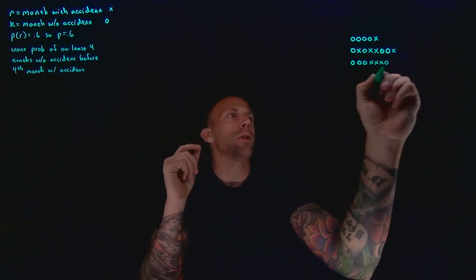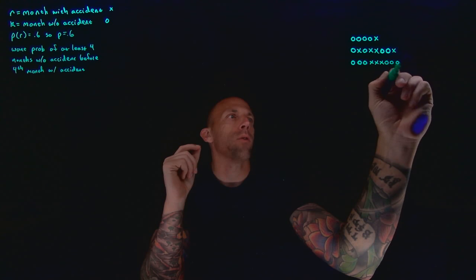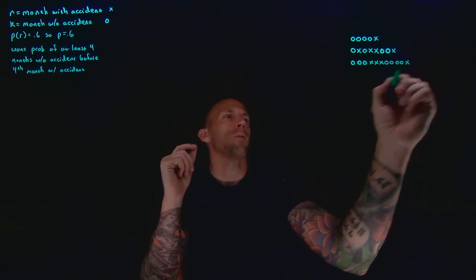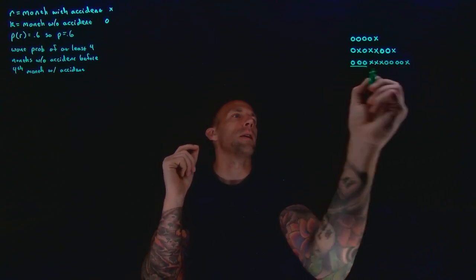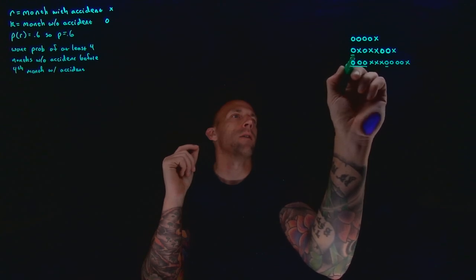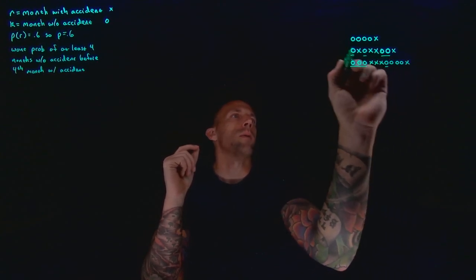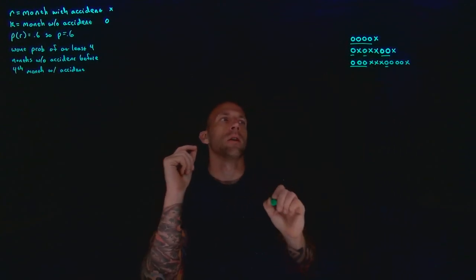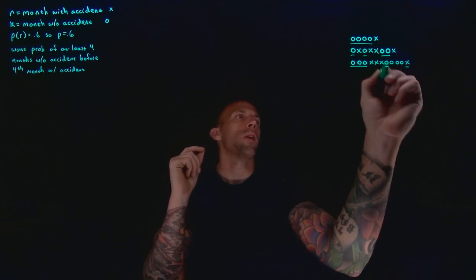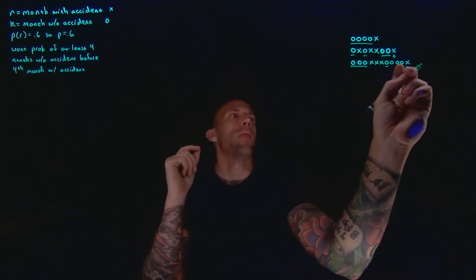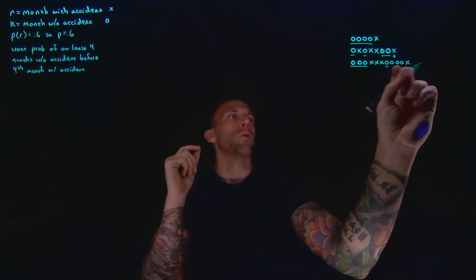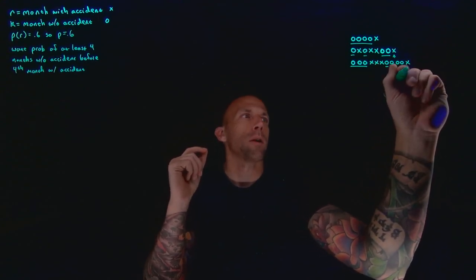And it says at least 4 without, so we could have a whole series more before we get to the fourth. But the key thing to understand here is we have to have at least 4 months without an accident before we get to our fourth accident month. Okay, so that's what we're counting up with our formula here.